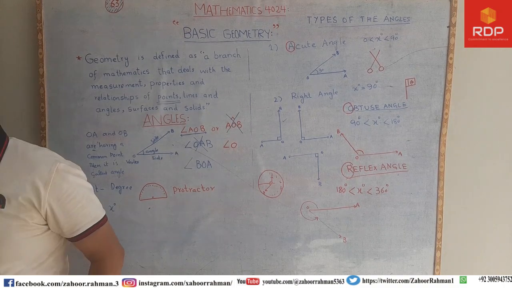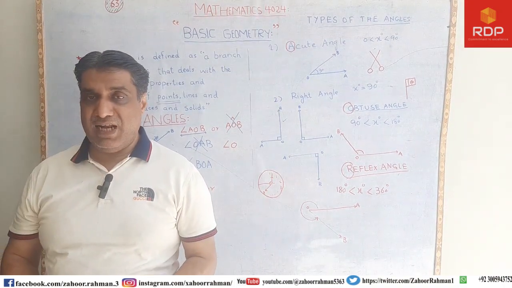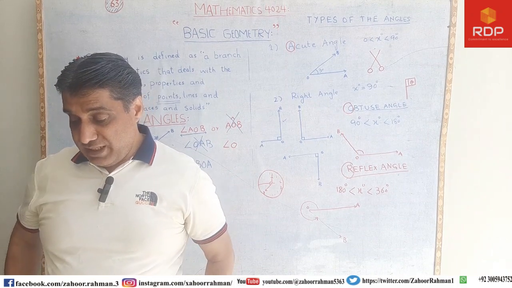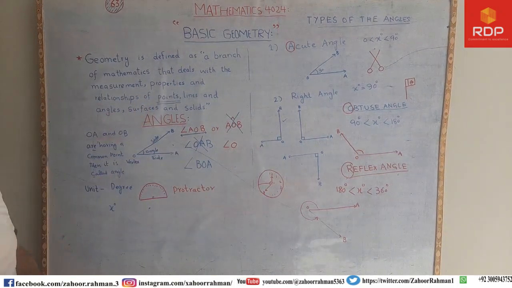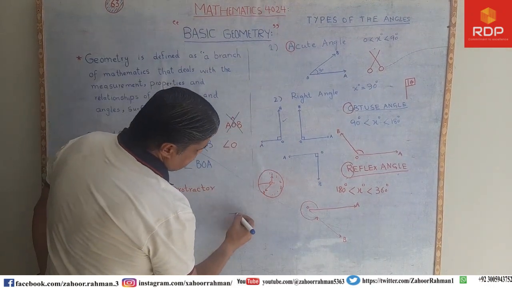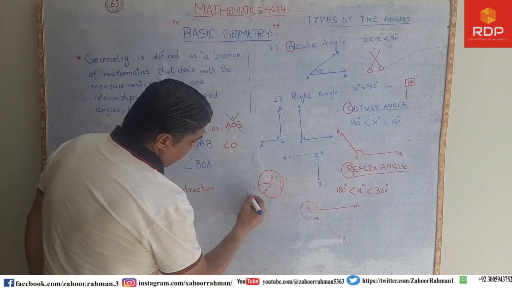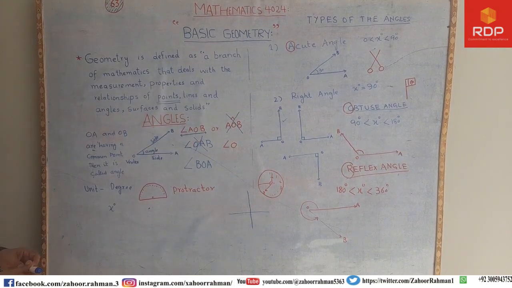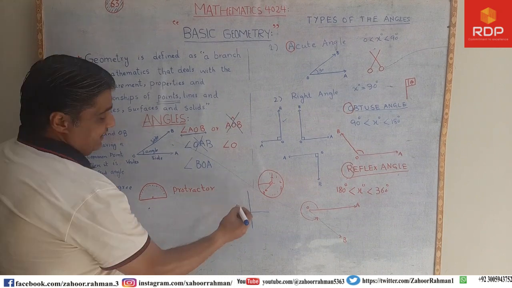We will discuss the perpendicular lines next. So let us define the perpendicular line. Two lines are perpendicular to each other if they are intersecting with right angle.